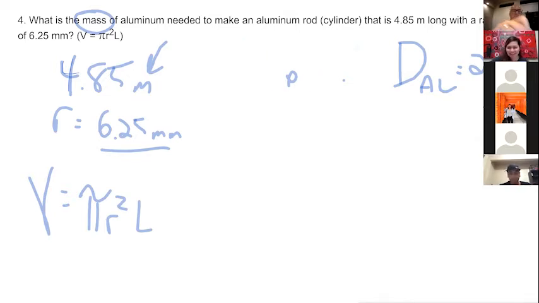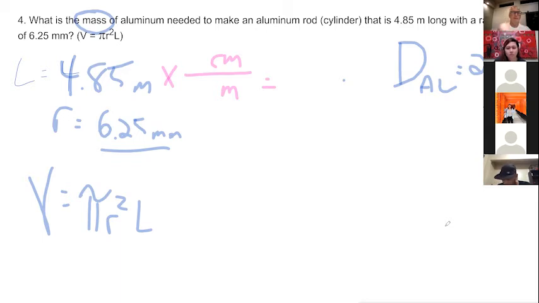All right, so how are we going to convert our length? This is our length. How are we going to convert our length to centimeters? So I want to multiply this by something to give me centimeters. So what's my conversion here?